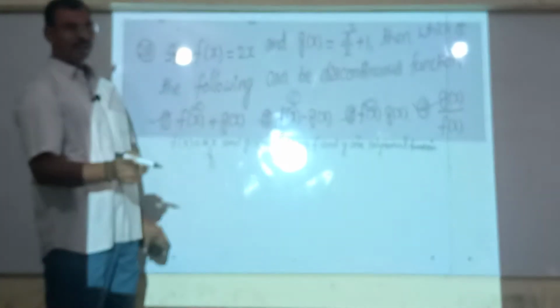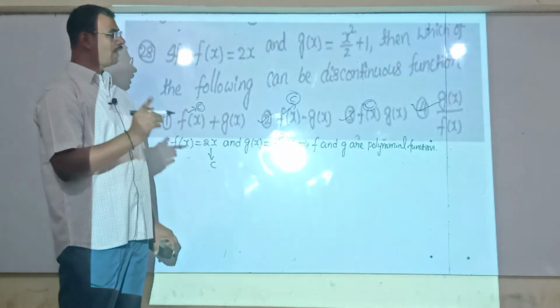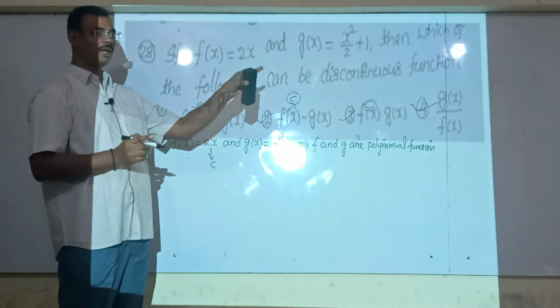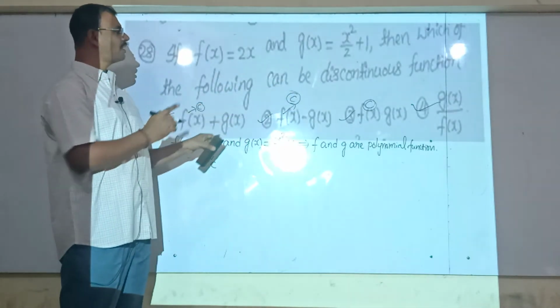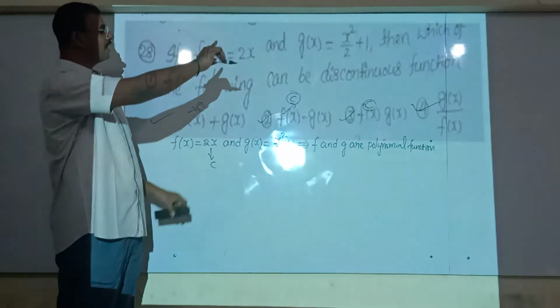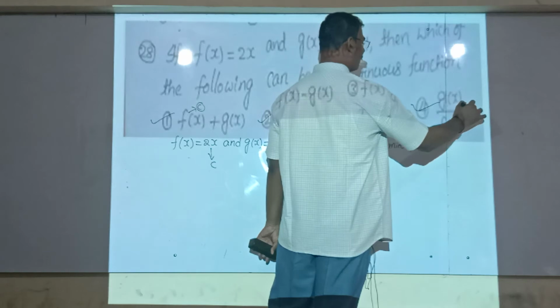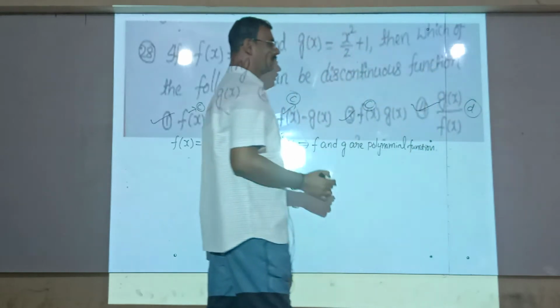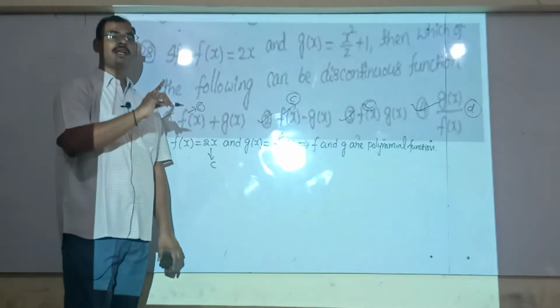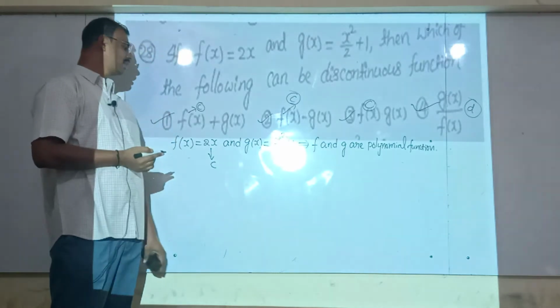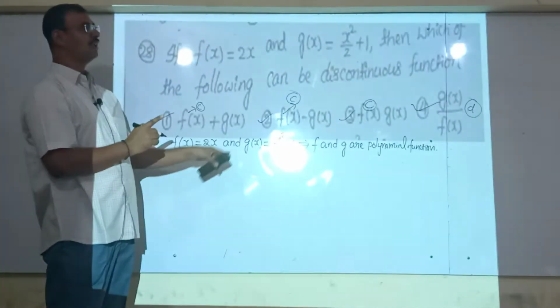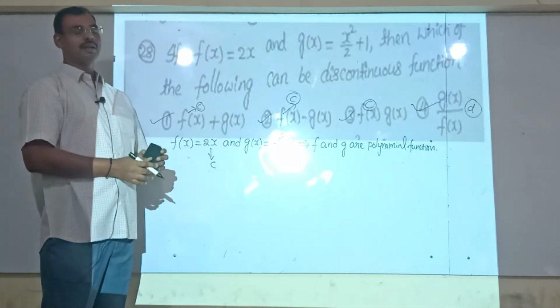If he had provided the condition that g of x or f of x is not equal to 0, then it is continuous. So which is the discontinuous one here? g of x by f of x is the discontinuous function, because he does not provide any condition here. If he provided a condition, suppose f of x not equal to 0, then it is continuous.